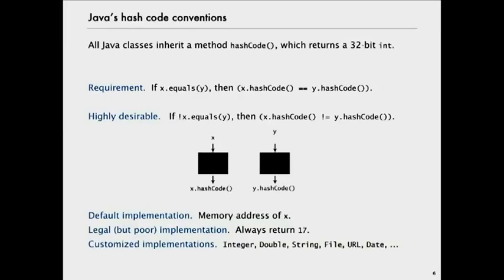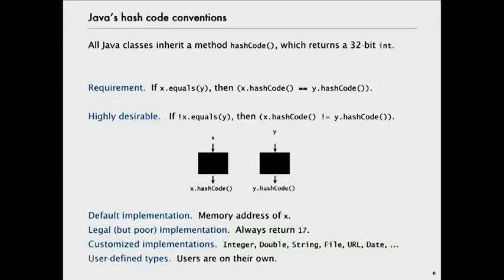So Java has customized implementations for the standard data types that people would use for symbol table keys, and that's the sweet spot for hashing, where someone expert has done the implementation of the hash code, and also your application does not need ordering.